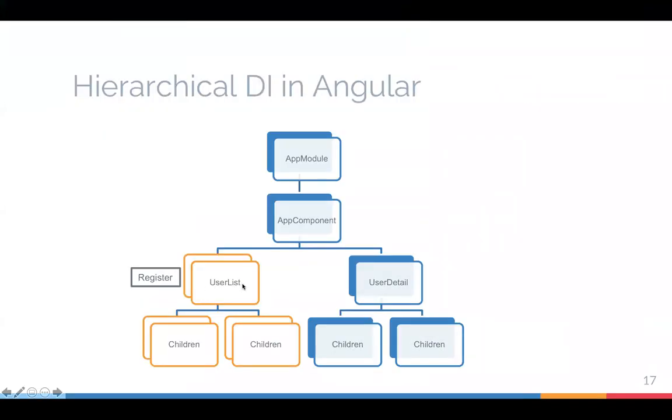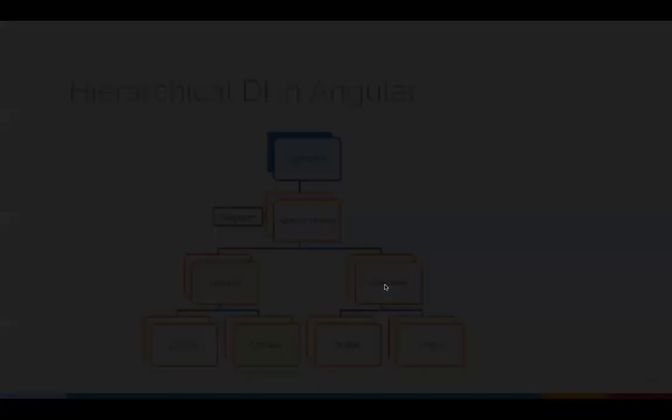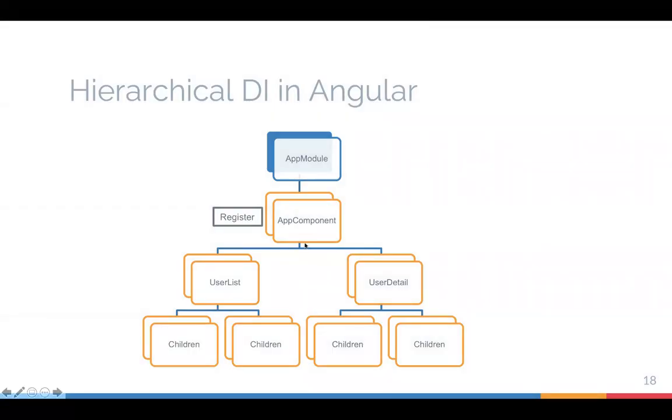When you register at the user list level, only the children associated with the user list can use the service. So it's not really a good idea to register here, because it will be used across the user details as well. And then what if we register it in our app component?